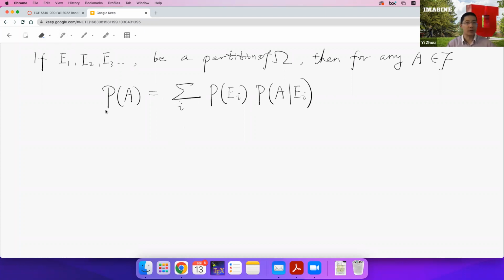Right, so in this way, we can decompose this event into a bunch of conditional events. And in many problems, this partition is naturally constructed based on the specific problem that we're looking at.